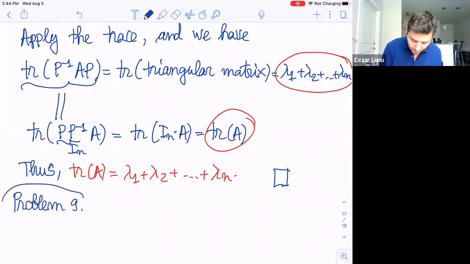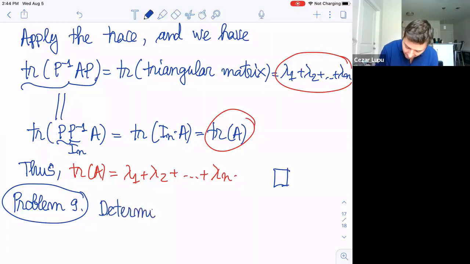Problem 9. Let me think. In fact, there is this problem that I liked a lot. Determine, let's take a 2 by 2.